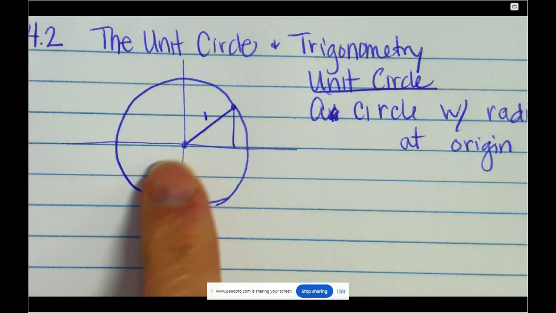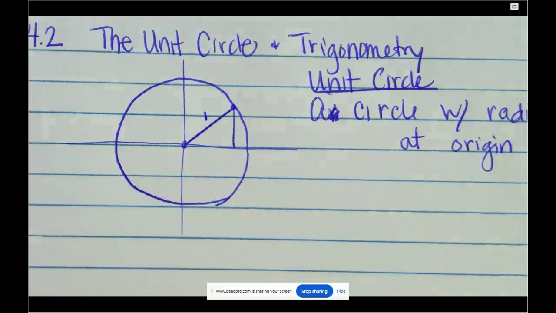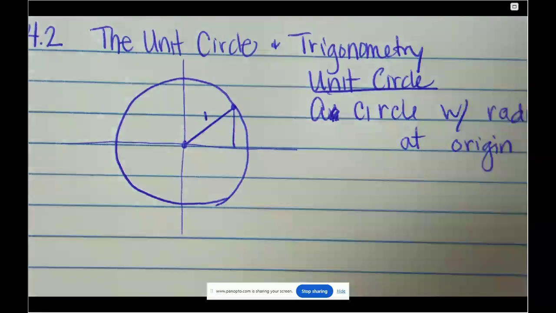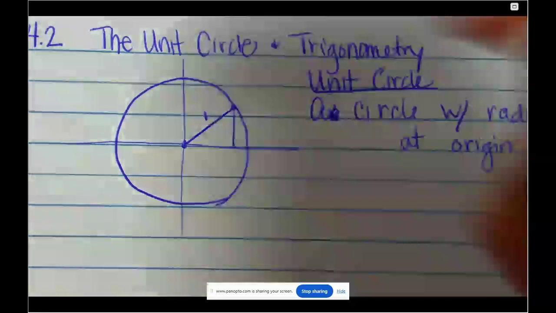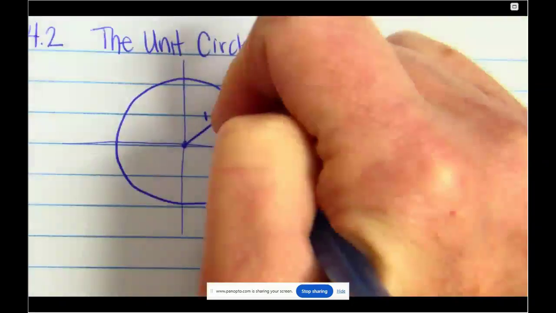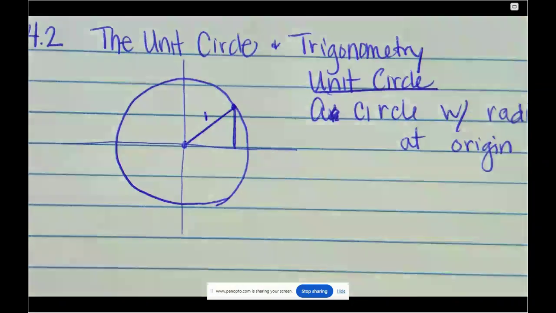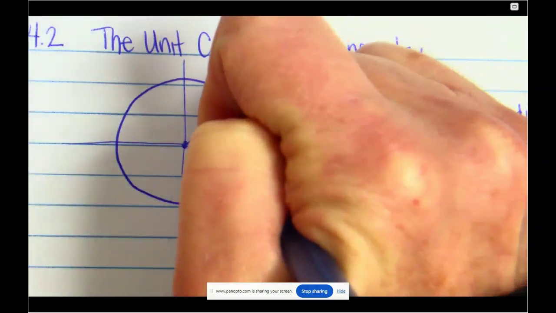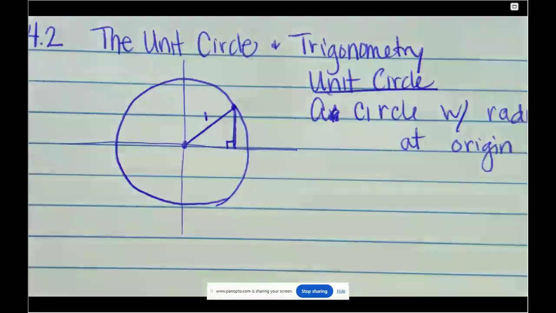Center is at the origin, radius is 1. Now, wherever you put the radius, if you take that point where it joins the circle and drop a line straight down, you create a 90-degree angle. And this is where the trigonometry that we've been doing, which is right triangles, joins up with circles.